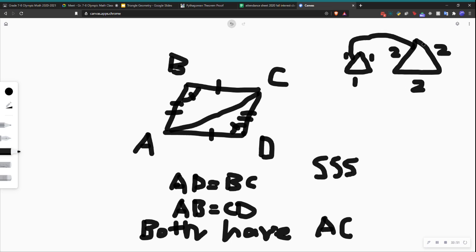So this side length would match with this side length, this side length would match with this side length. And what I mean by ratios is that you just divide one side length by the other. I should name these triangles, actually. I'll remove these. Call this ABC, call it DEF.